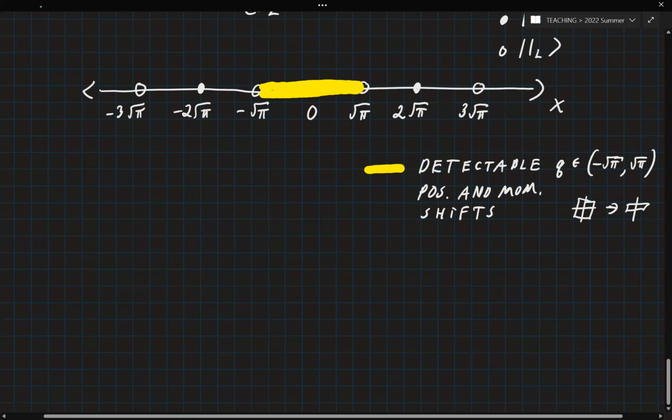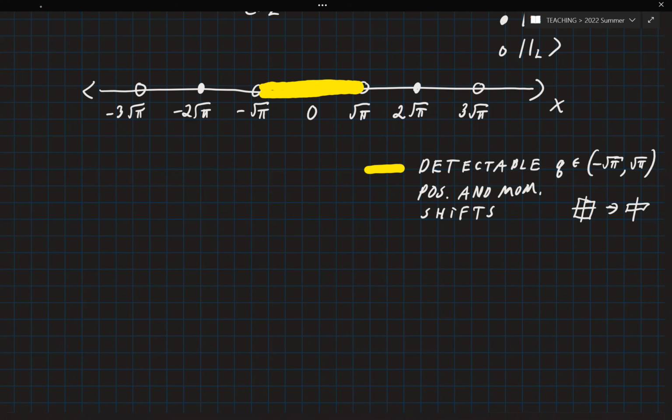Okay, correctable shifts. So I mentioned there's a lot of lattices. This yellow region is the set of detectable shifts. However, not all of those are correctable. Correctable shifts are in one-to-one correspondence with eigenvalues of S1 and S2, which are the error syndromes.